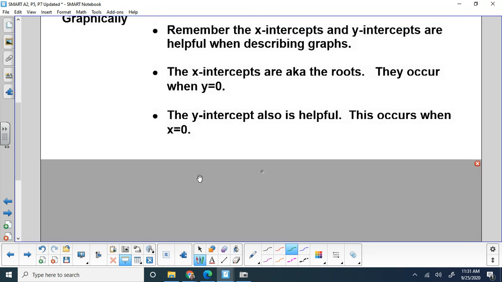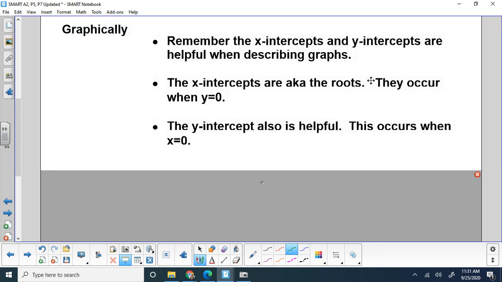So in the graphical approach, there's a couple things you'll want to remember. The first thing you'll want to remember is that the x-intercepts and the y-intercepts are going to be used to describe the graph. It's going to be helpful to know where those are, if you can see them off the graph, or how to recognize or find them algebraically.